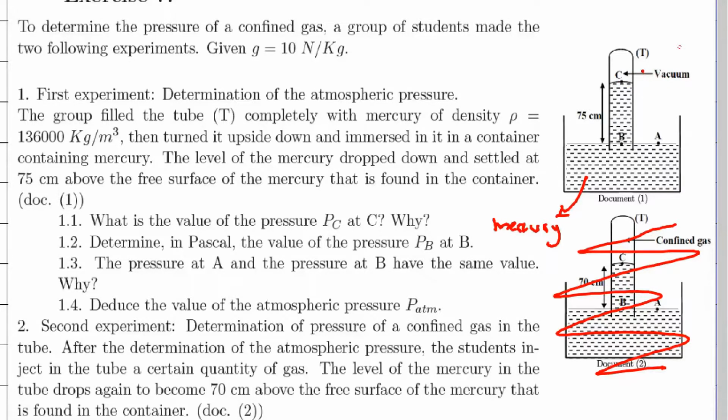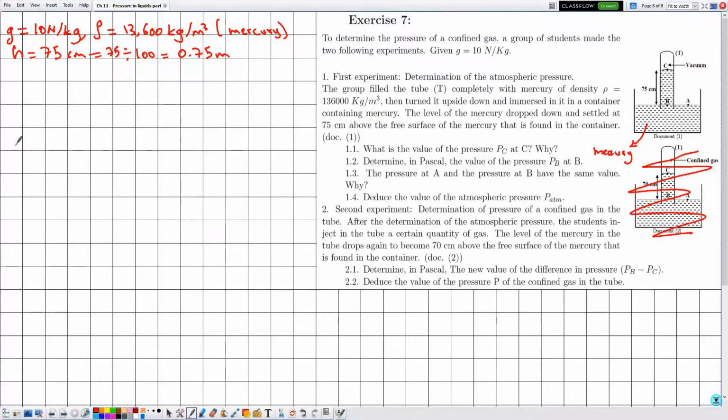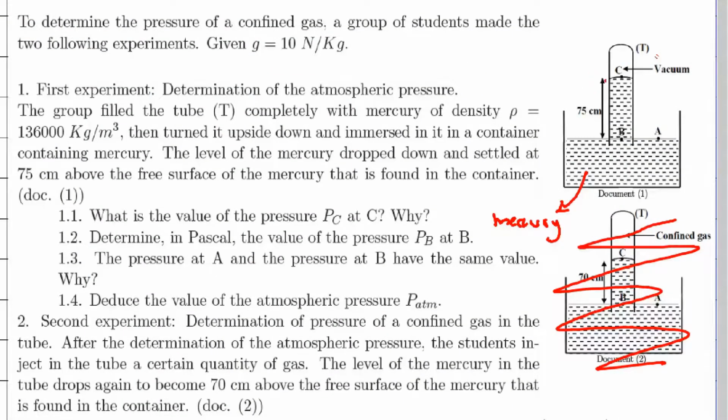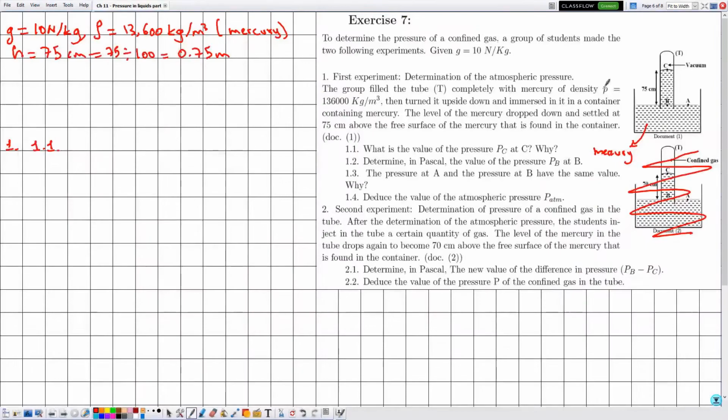This is important. Now 1.1, so we are in 1.1. What is the value of the pressure at C? Since we are interested in determining the pressure, we consider the point C and we look upward. Notice that C is submitted to the pressure of vacuum.